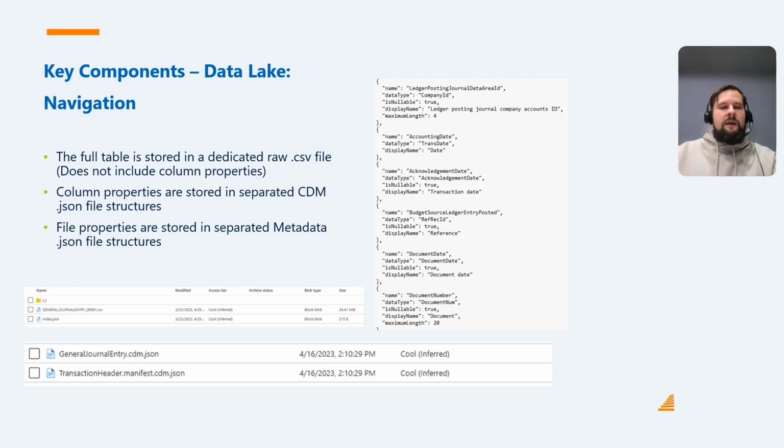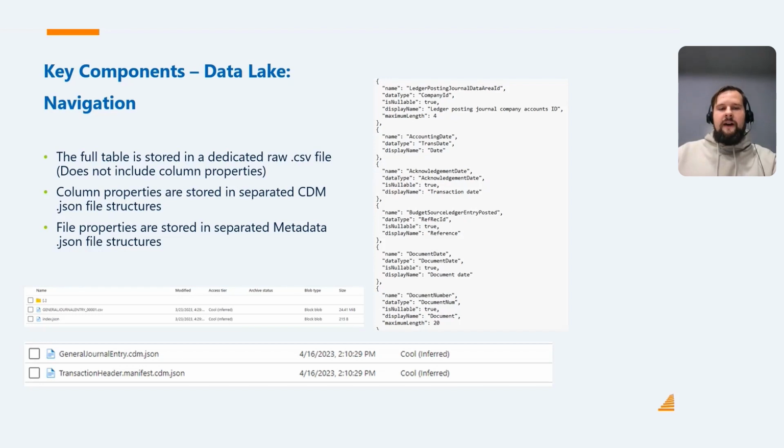What these files do is store the metadata properties of your table, so you're able to put your table schema in this separate file. For example, on this right big screenshot, if I open it up, we have fields like transaction type, transaction date, data area ID, acknowledgement date, document number. These are all simply fields that we have in 365, but they are stored here where they detail the definition of the schema.